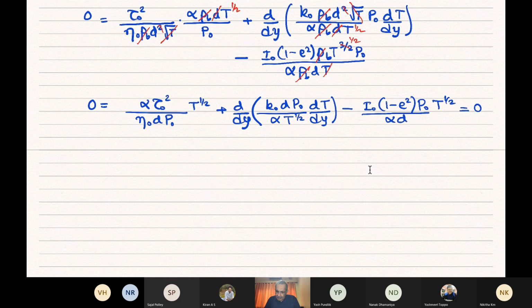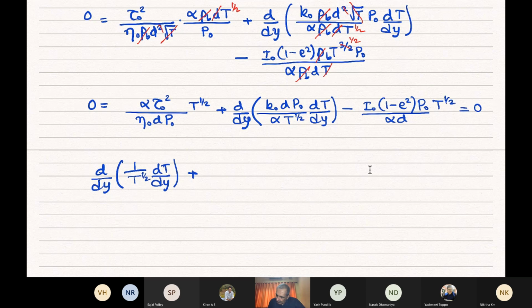Now, if I divide throughout by this prefactor, so that this equation, as well as this term, becomes a little simpler, then I can write it down as d by dy of 1 by t raised to the power of half dt by dy plus, now I'm multiplying throughout by alpha and dividing by K0 into d into P0.